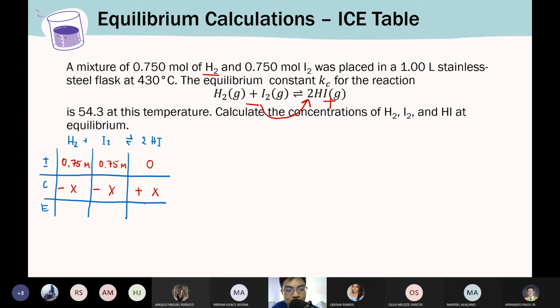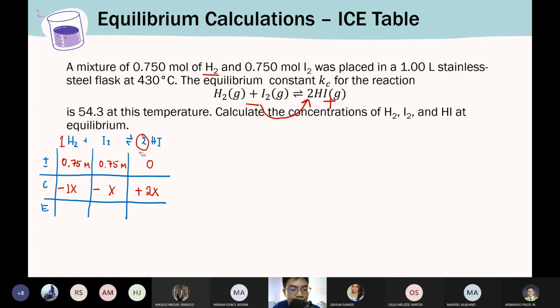Ano yung nakalimutan ko sabihin sa inyo? Ang nakalimutan ko sabihin is that kapag may coefficient ka, yun yung value ng X mo. Okay? What do I mean by that? For example, 1x, 1 yung H2 mo, edi 1x lang yan. Pero kapag yan ay 2, okay, may coefficient ka na 2, edi 2x siya.